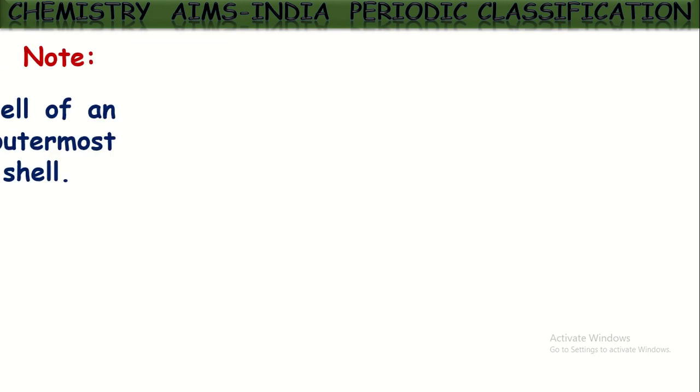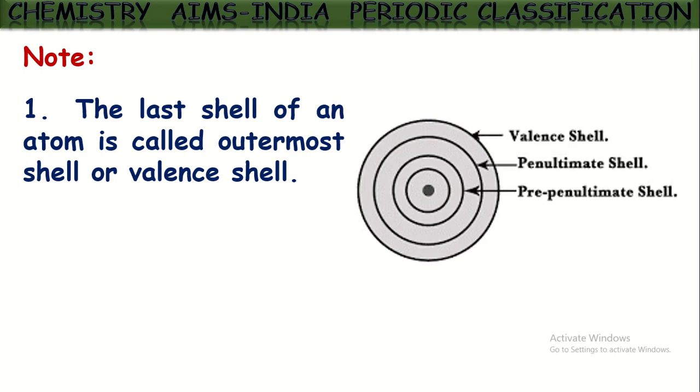Now let us see these terms once again. The last shell of an element is called the outermost shell or valence shell, which we mention as n. The last but one shell from the outside is called the penultimate shell. If the outermost shell is n, then it is mentioned as n minus 1.